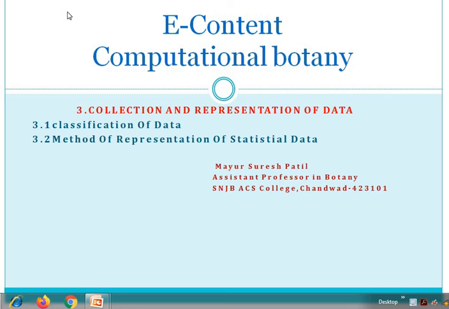So the first step while doing any type of biological experiment is the collection of the data and its proper representation. This collection and representation of the data has different facets or different topics that we will study.